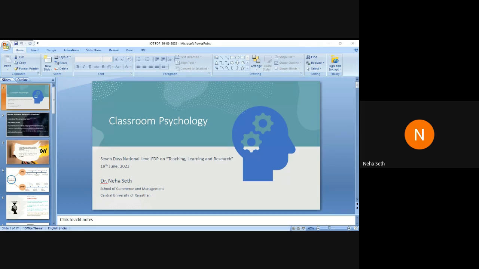This is the first step when we are trying to manage our classroom, because when we understand the science of soul, the science of mind, the science of consciousness, then we can understand the behavior of our students.